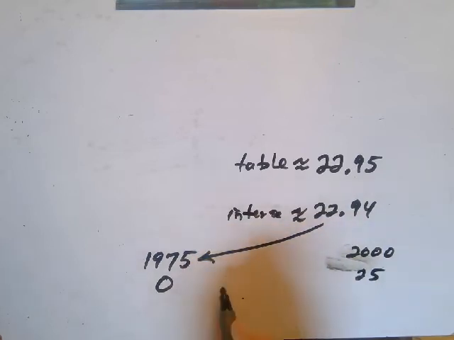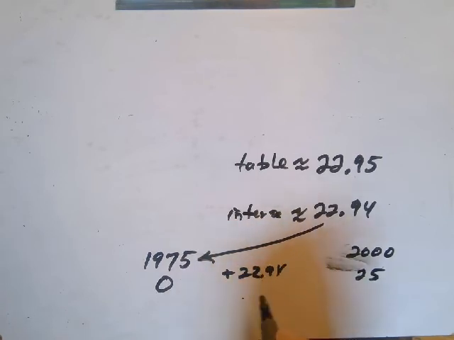So adding that in, we go plus 22.94, that gives us 1997.94.